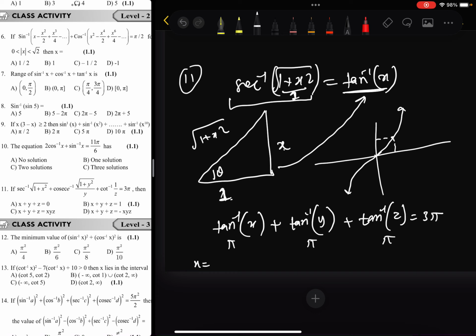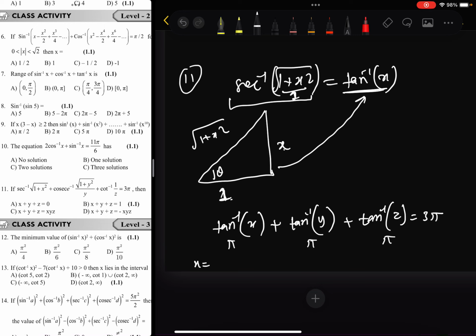But tan inverse lies only between minus pi by 2 to pi by 2. So how will we get 3 pi?